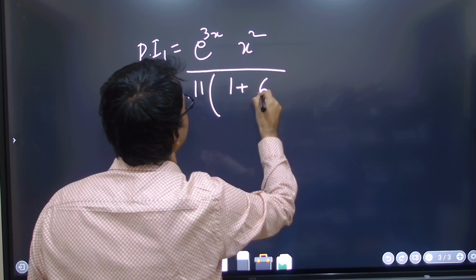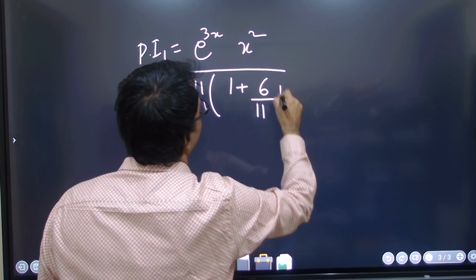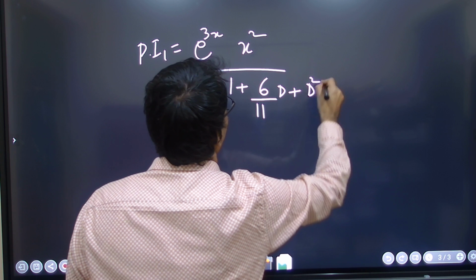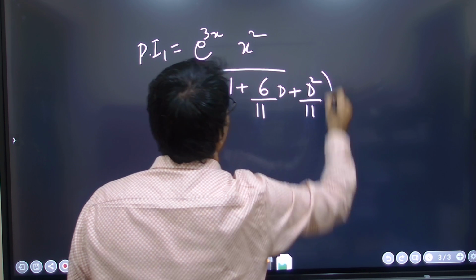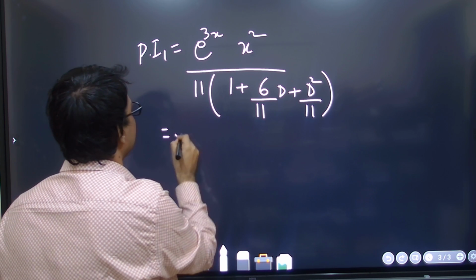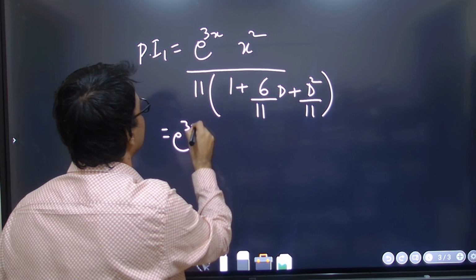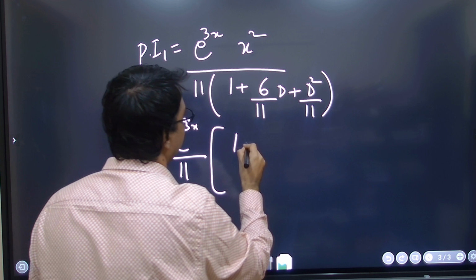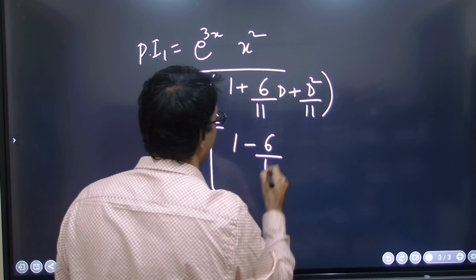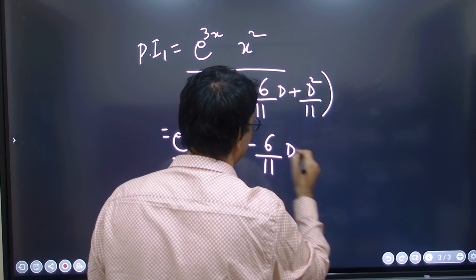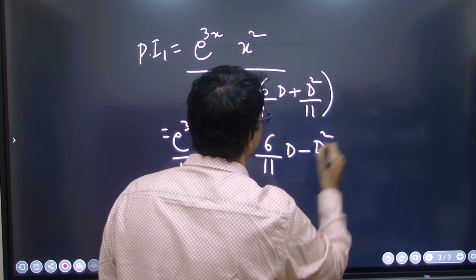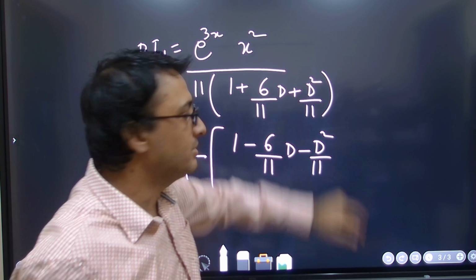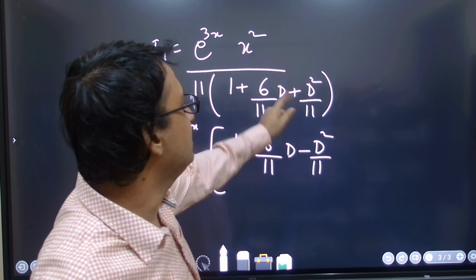This is 1 plus 6 by 11 d plus d square by 11. If we write it in terms of binomial, this is 1 minus of d, where d is 6 by 11 d plus d square by 11. Since we have x square, we will look only for the d square terms.